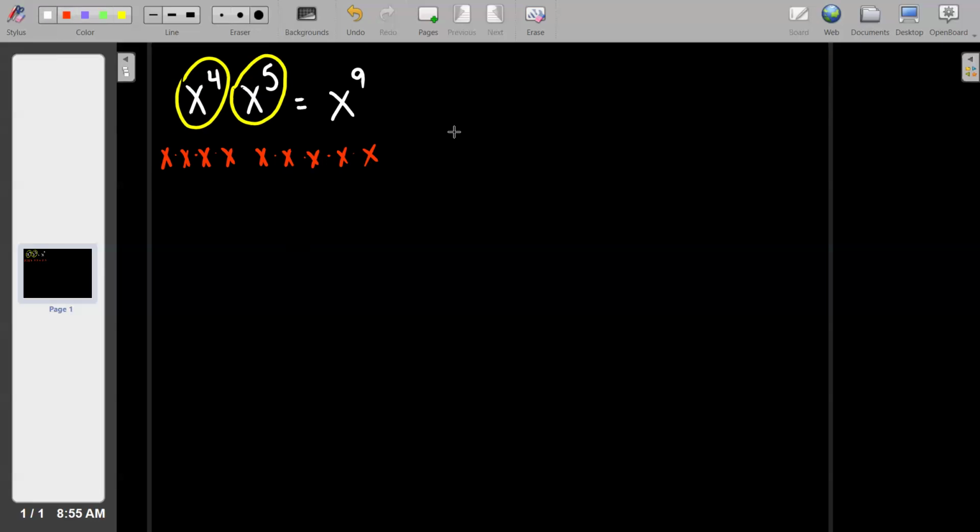Question number two is testing, do my students know what to do when I have a power and I raise that power up to another exponent like this? And the answer obviously is we're not going to add.